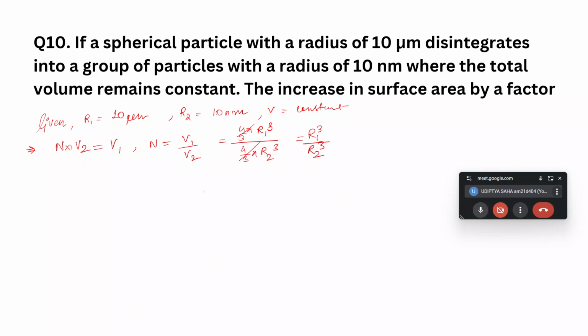So the total surface area will be n into 4 pi r square. So n you can put as r1 cube by r2 cube into 4 pi r2 square.